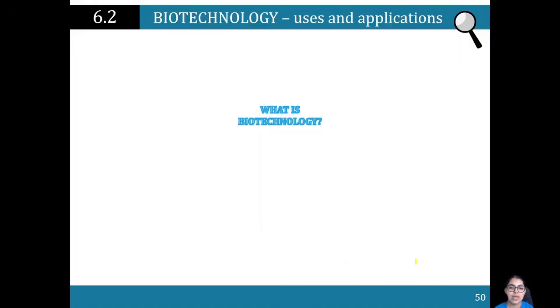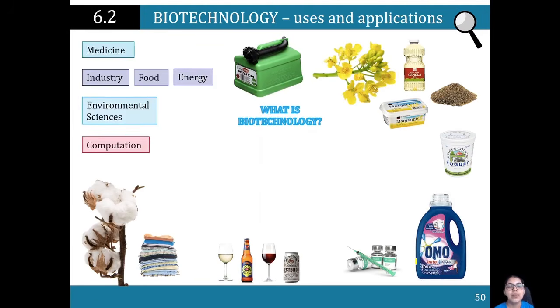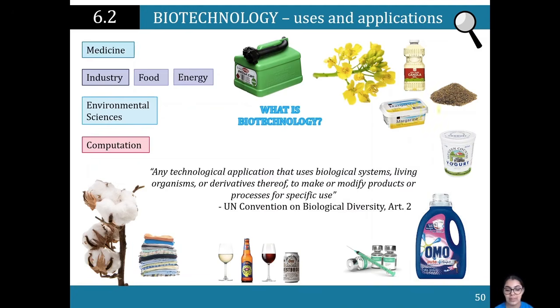So let's begin by looking at what is biotechnology. Pretty much everything around us is biotechnology, right? Medicine, industry, food, energy, environmental sciences, computation, all of these things where we actually mix science and technology, that is biotech. It is any technological application that uses biological systems and living organisms or derivatives thereof to make or modify products or processes for a specific use.